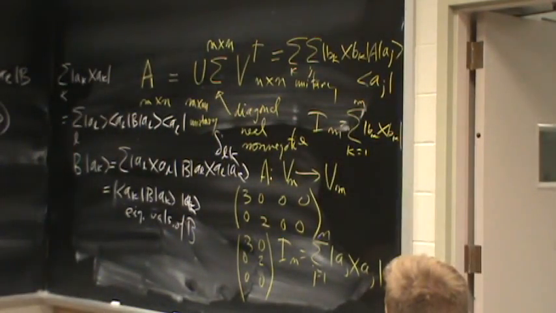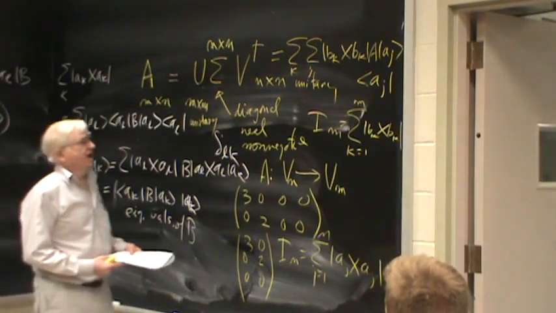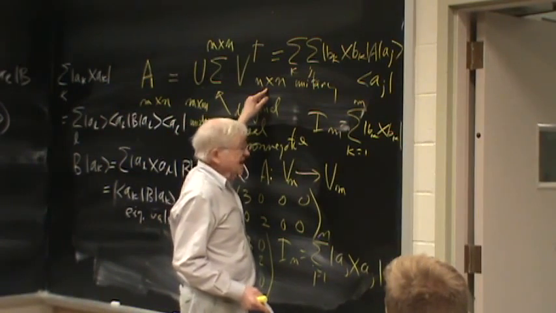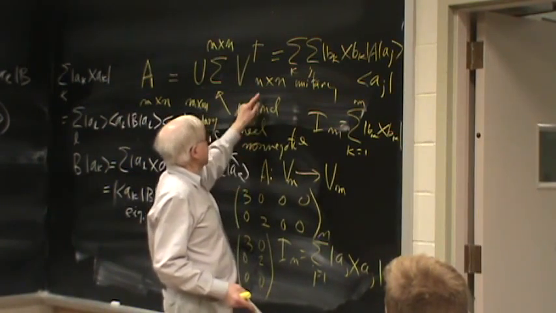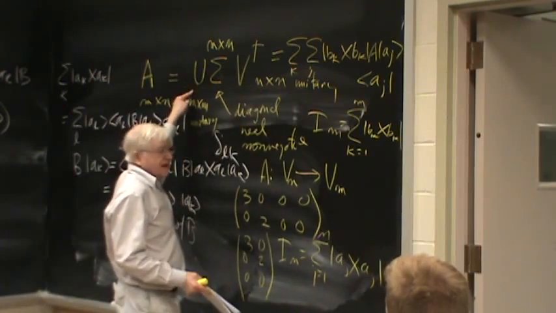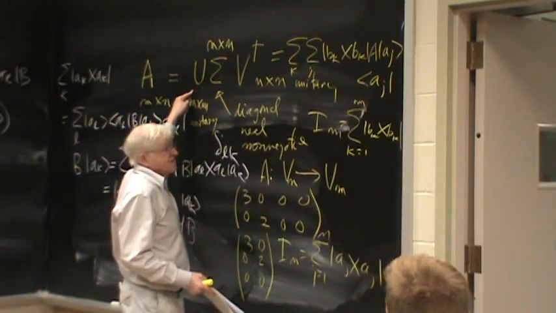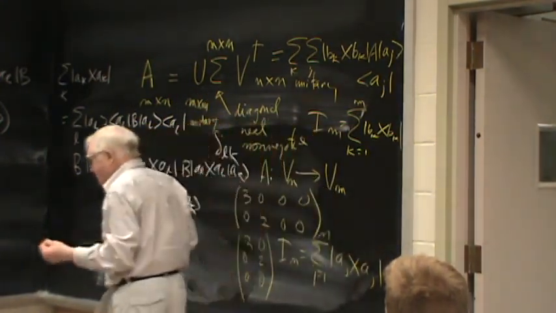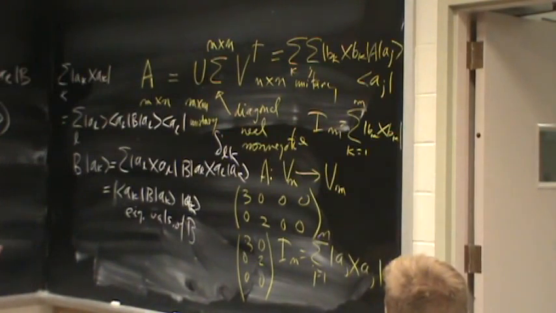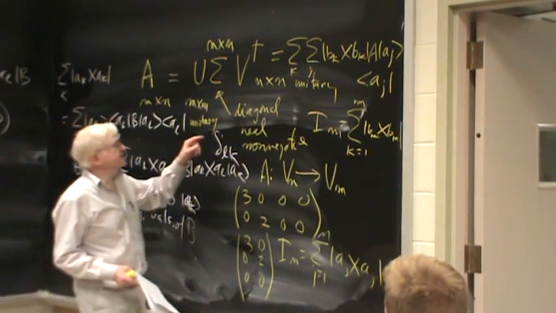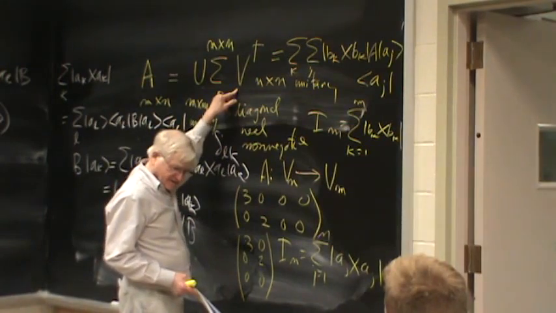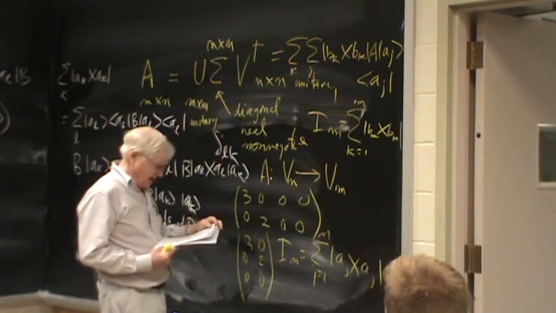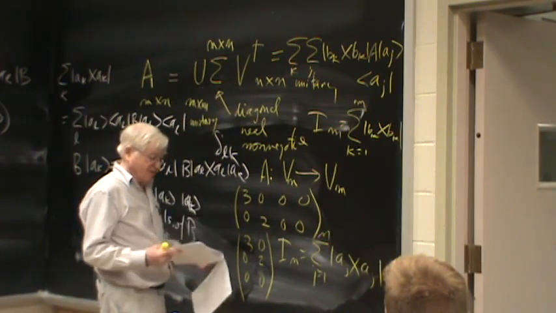So you have infinitely many choices of basis for the n-dimensional space, say Sn, and the m-dimensional space Sm. And the singular value decomposition then is a choice of basis, and in effect, it's the choice of basis in the space on which A acts. Okay. Now, actually, it's very simple.